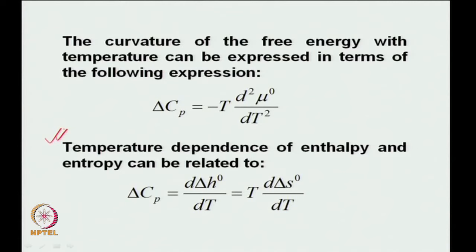Not only that, this point is also very important. The temperature dependence of enthalpy and entropy can be related to delta Cp, where delta Cp is equal to d delta H 0 over dT. Now, if I am doing d delta H 0 over dT, what am I actually finding? I am finding the slope of the delta H 0 line.